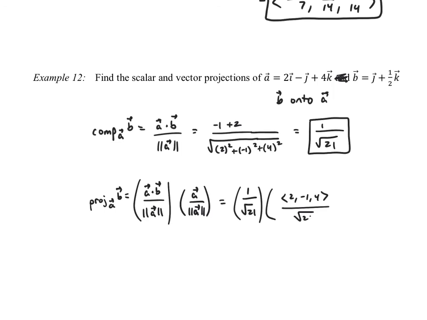And we know the magnitude is the square root of 21. So we get 1 over 21 times the vector 2, -1, and 4, which is totally fine to leave it, or you can distribute it through. So we have 2 over 21 and -1 over 21 and 4 over 21.